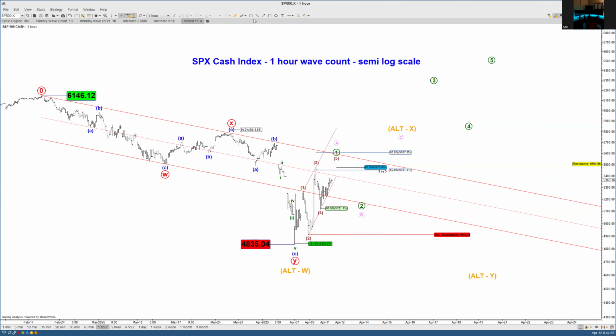So this zone is going to be a very sticky zone. Why is this? Because we have a 50% retracement from peak to trough, we have the 61.8 sitting here at 54.75, and we have this resistance sitting here at 55. So this 50-point zone is going to be a very sticky zone, I can tell you that.